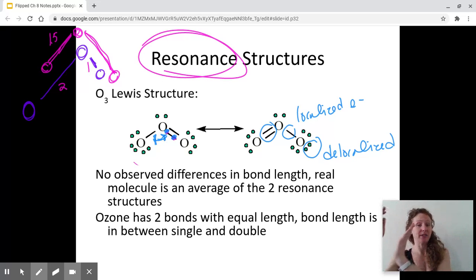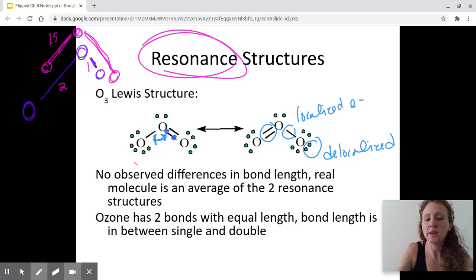And so they spend half of their time on the left side of the molecule and half of the time on the right side. They can kind of shift back and forth. And because they spend part of their time in one place and part in the other, the bond actually becomes more like a 1.5 bond.